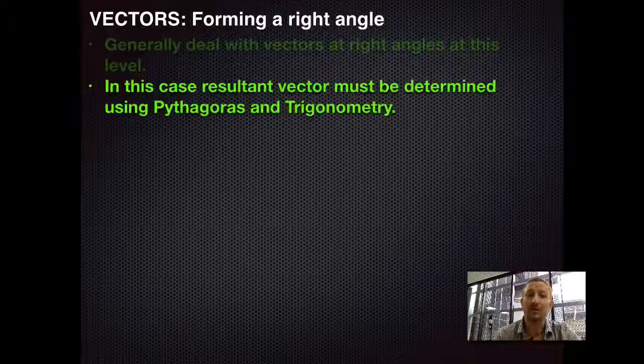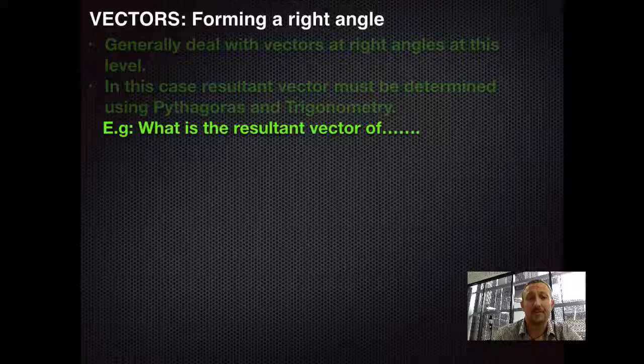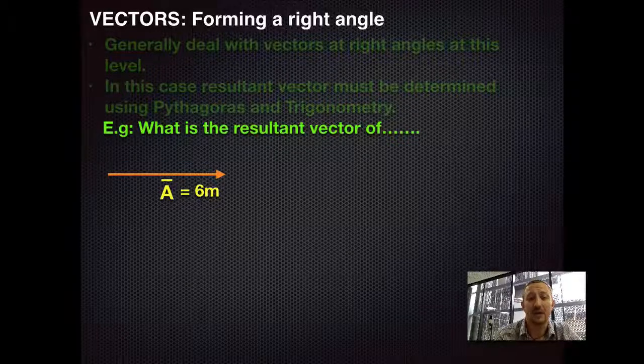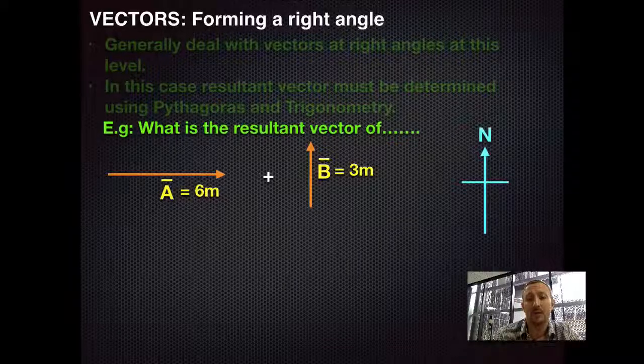So we produce a right angle triangle. When we produce a right angle triangle, we resolve either using Pythagoras or trigonometry. So as a result, we're going to find the resultant vector of this following situation. I've got vector A going at 6 meters, and then I've got vector B going at 3 meters. So I've got my compass heading going in the northerly direction.